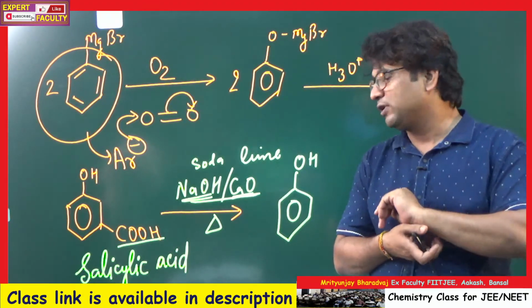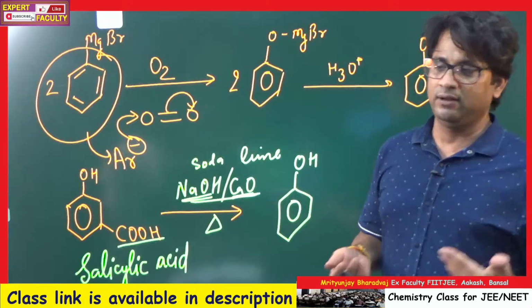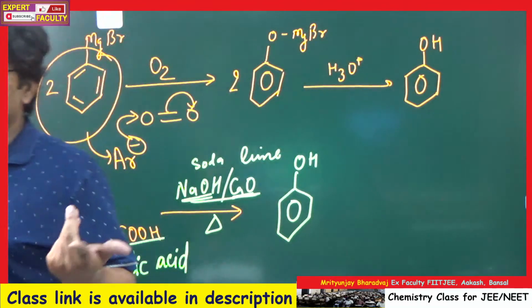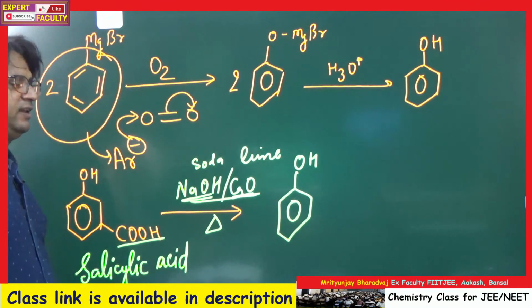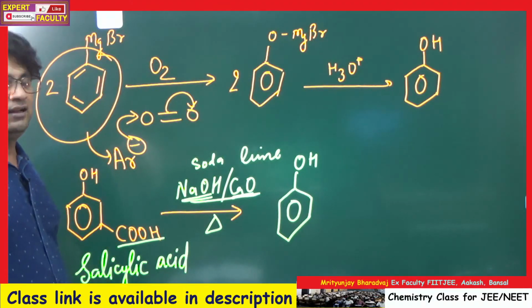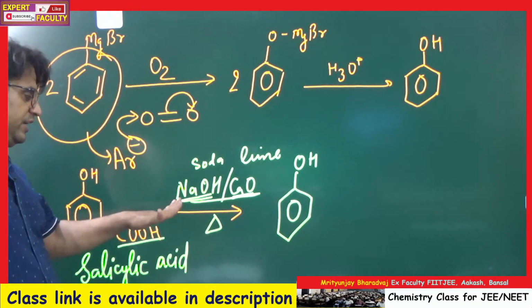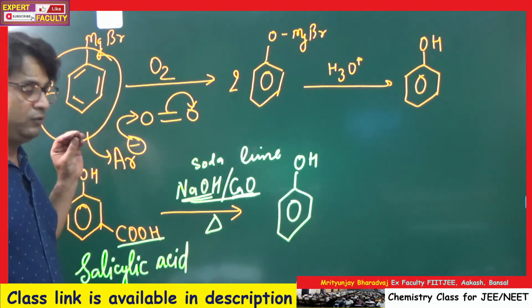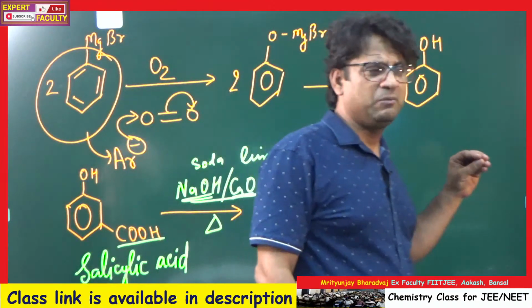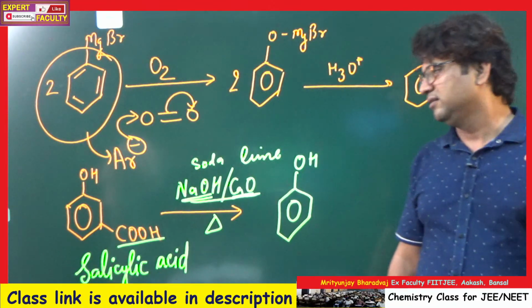And why is it important? Because chapters from the 9th appear in the 11th, chapters from the 12th appear in the 10th. You will find this reaction in Carbon and its Compounds in class 10th.